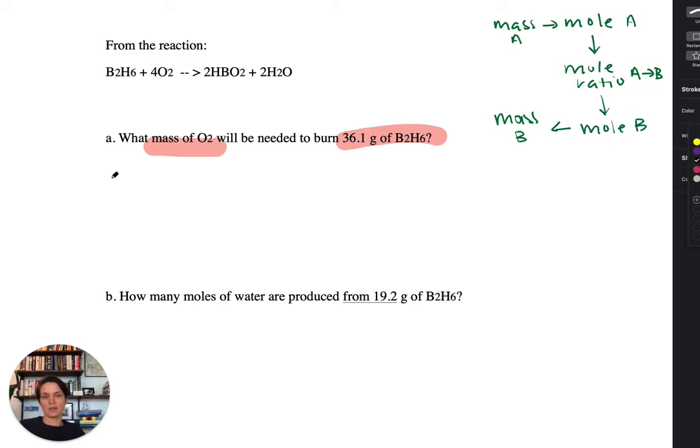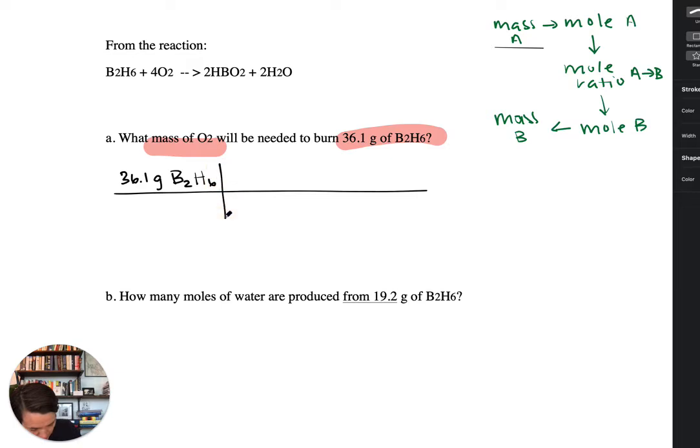I would never give you a question that's outside of the scope of what you've learned, right? So working through problems is what allows you to develop familiarity and start getting more creative with your problem solving. Okay, so what mass of oxygen is needed to burn 36.1 grams of B2H6? All right, so mass of A, 36.1 grams of B2H6.